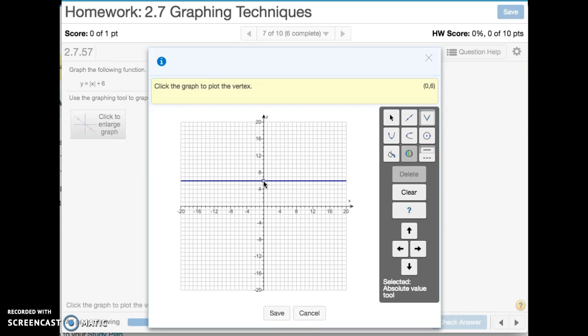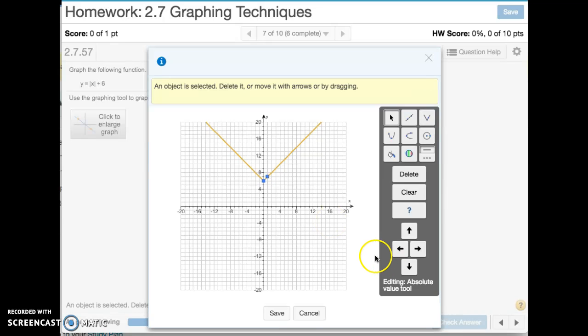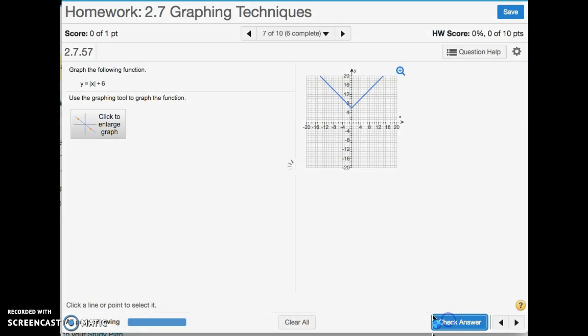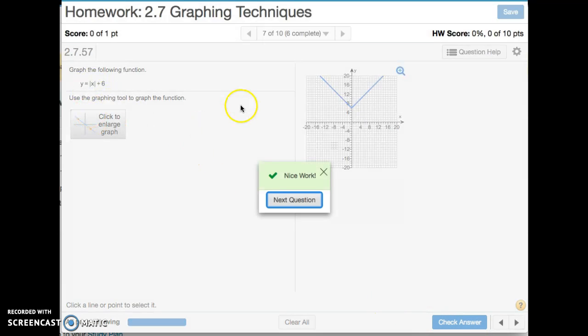For example, when x is equal to 1, we plug that into the equation, absolute value of 1 plus 6, and we would get 7. So we're going to locate 1, 7 and draw our second point, and the absolute value V graph is automatically displayed. We can save and check our answer to see that we have the absolute value graphed correctly.